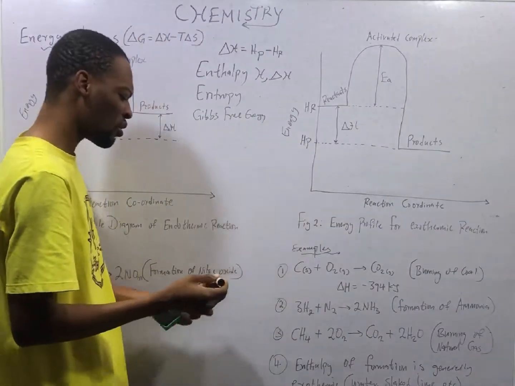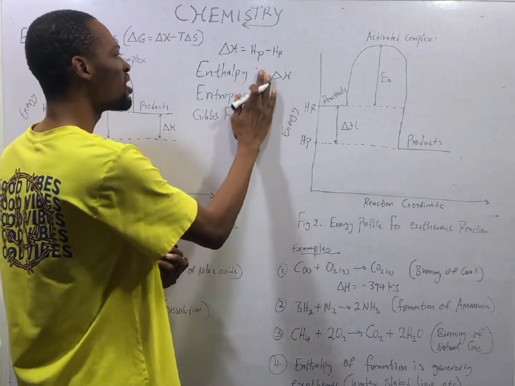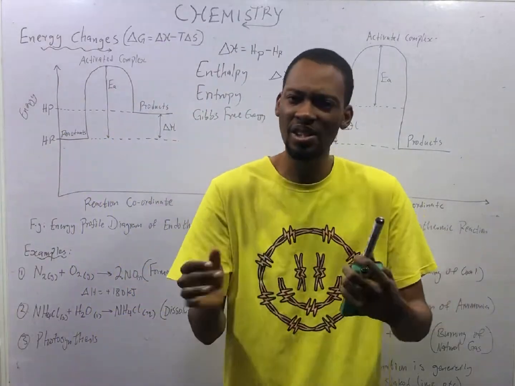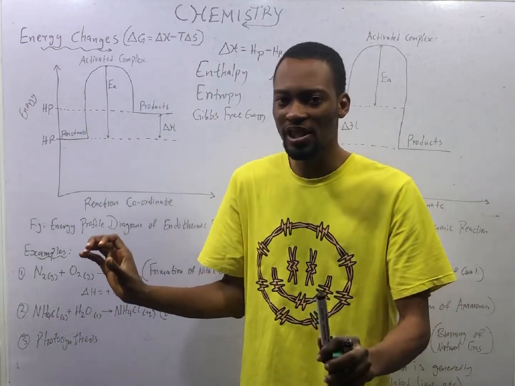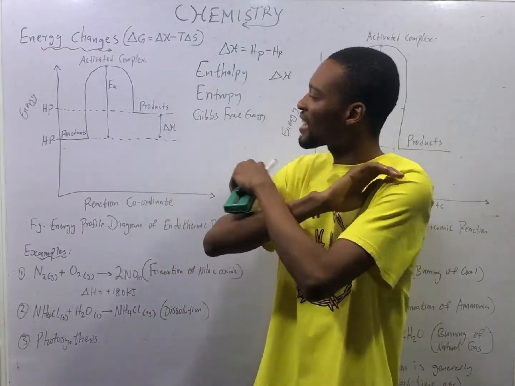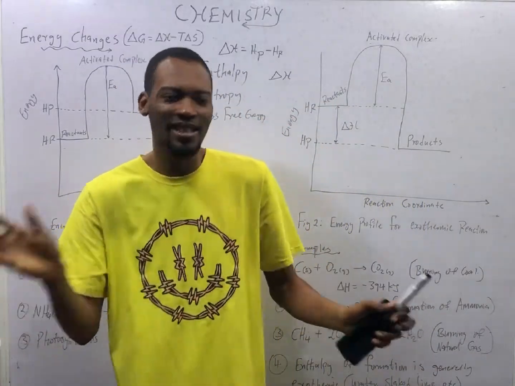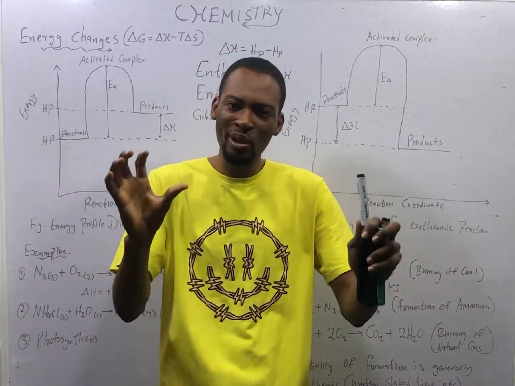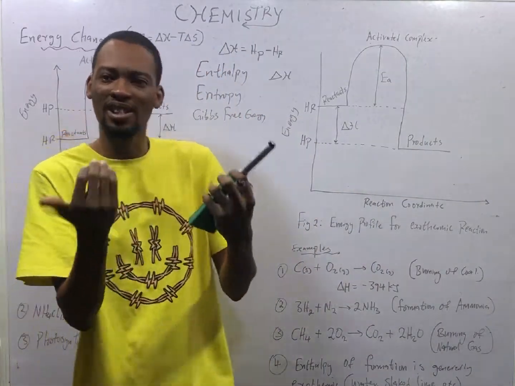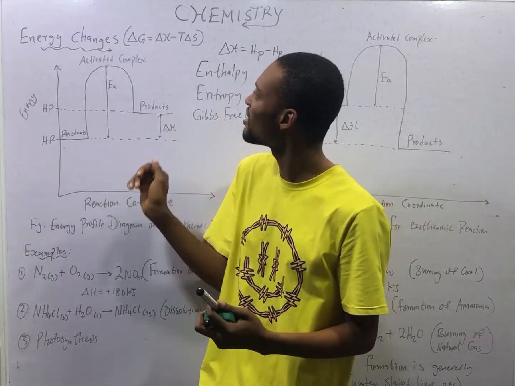The second factor that determines the spontaneity of a chemical reaction is entropy. Entropy is the degree of disorderliness of a chemical system. Entropy is the degree of randomness, degree of scatteredness, degree of craziness of a chemical system. That is entropy. But we are more interested in entropy change since we are dealing with energy changes.